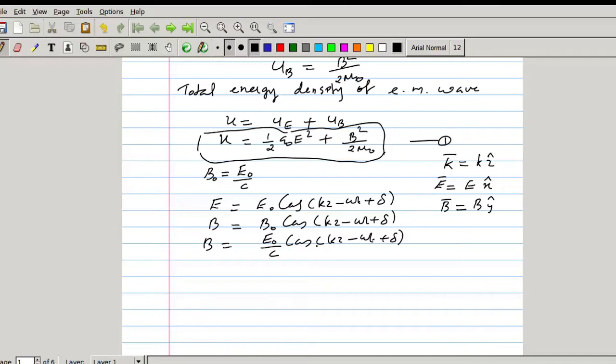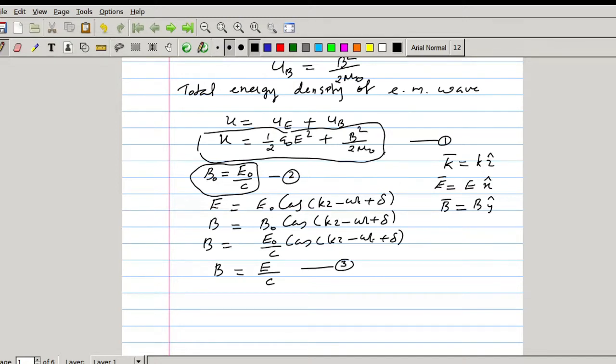So B equal to E0 by C cos(kz minus omega t plus delta), or we can write B equal to E by C, since B0 equals E0 by C. In a similar way, we can write B equal to E by C. This is equation number 3.